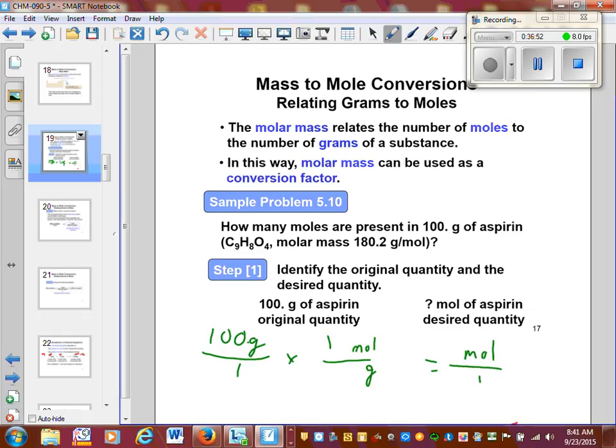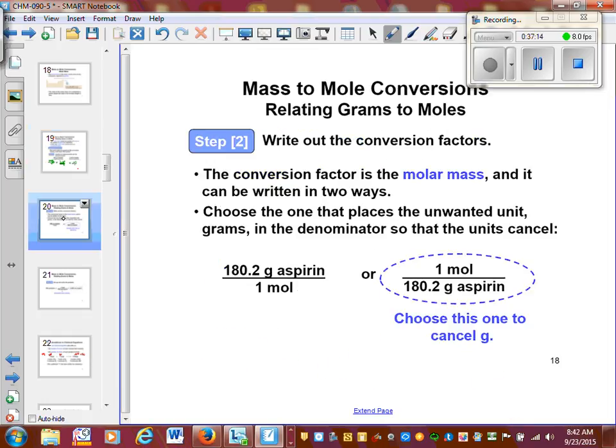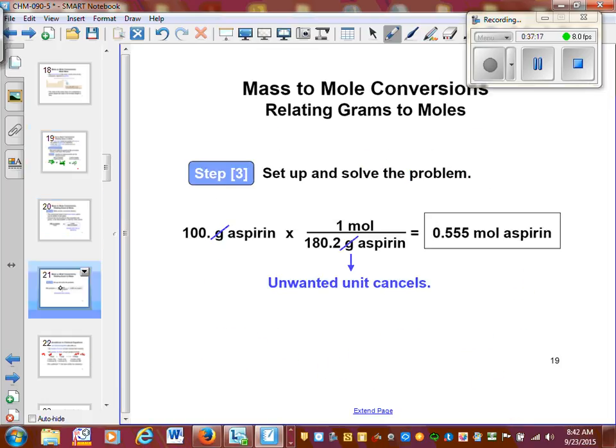So it's given right here. So now you just do your plug and chug. 100 divided by 180.2 will give you the number of moles. 0.555 moles of aspirin. Okay? Again, it's an easy conversion.